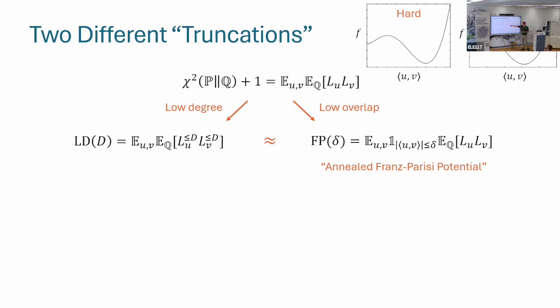Okay, but what this is saying is taking the area under the curve between 0 and delta. By the way, I haven't told you what delta is yet, but think of delta as some typical overlap you would get if you drew the u and v at random. So this is taking an area under the curve, whereas the more traditional AMP picture would be looking at whether this thing tends upwards versus tends downwards.